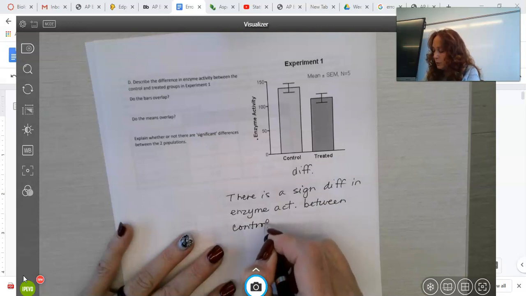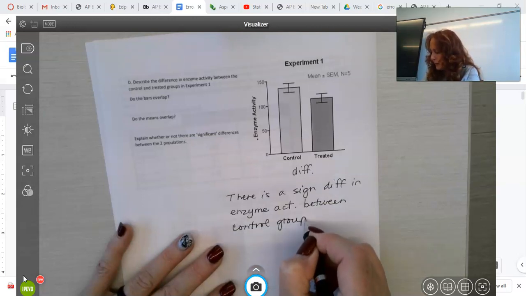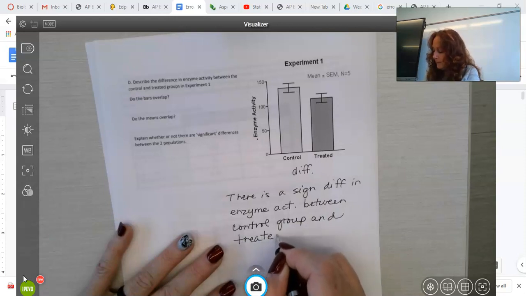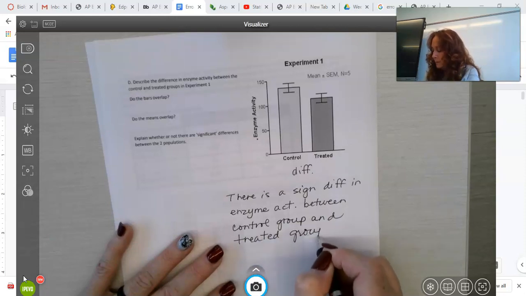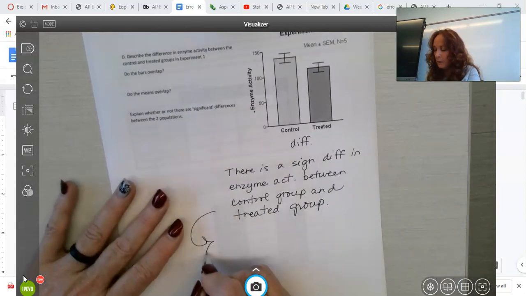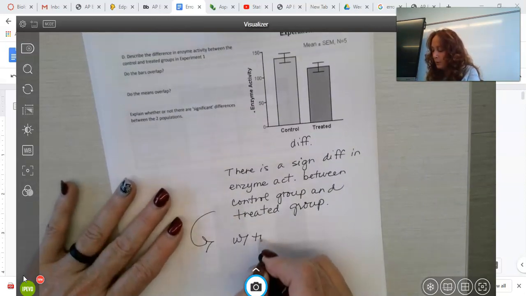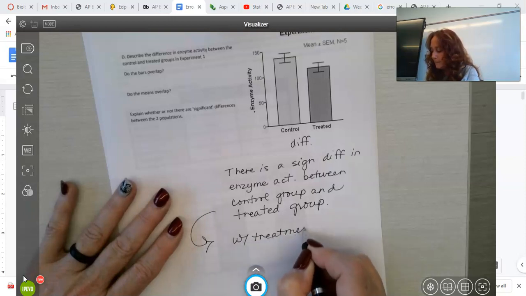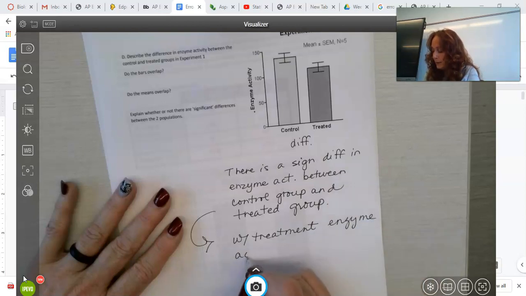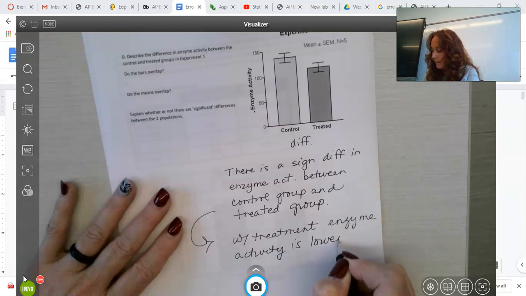Between the control group and the treated group. So if there's a difference, what is the difference? So you would say with treatment, the enzyme activity is lower, and it's significant.